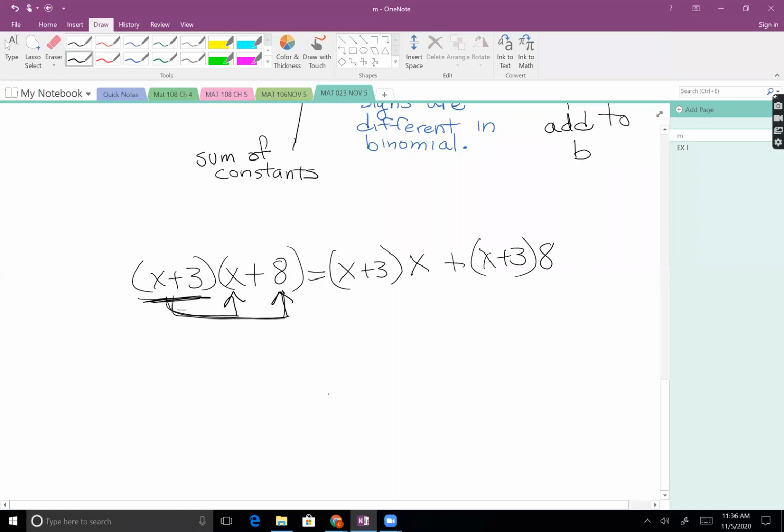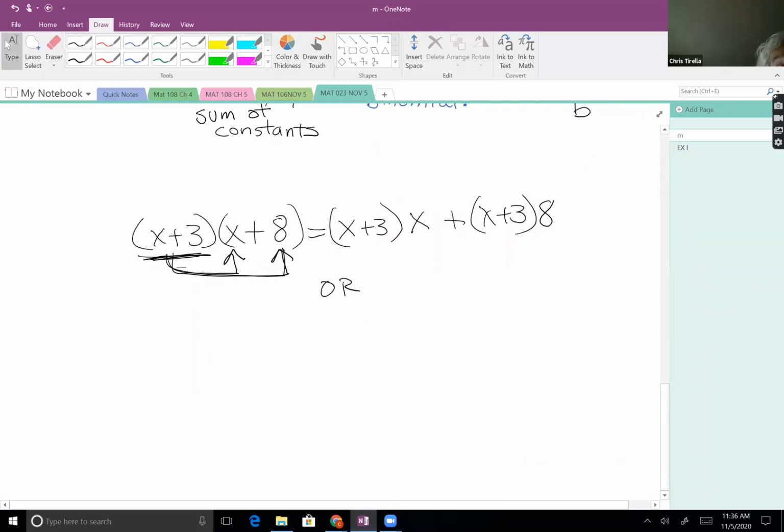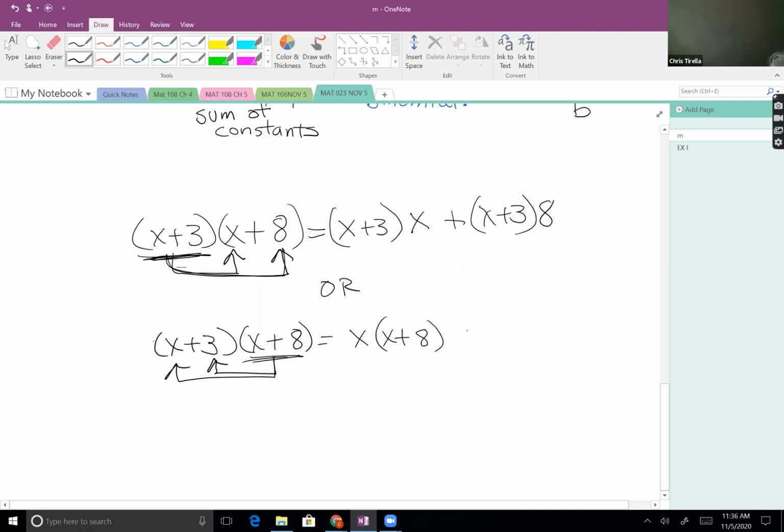Or if you want to be one of those people, because multiplication is commutative, you would get the same answer if you took the x plus 8 and distributed over the first one. And if I distribute it that way, I would get x times x plus 8 plus 3 times x plus 8. They both will take you to exactly the same place.